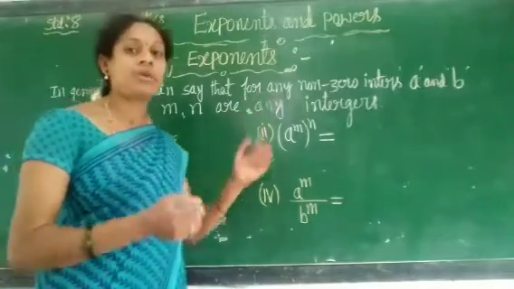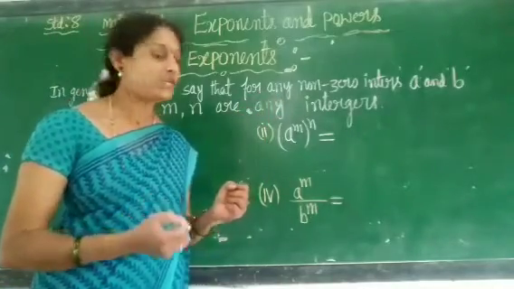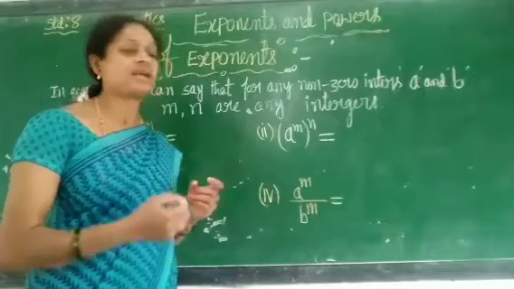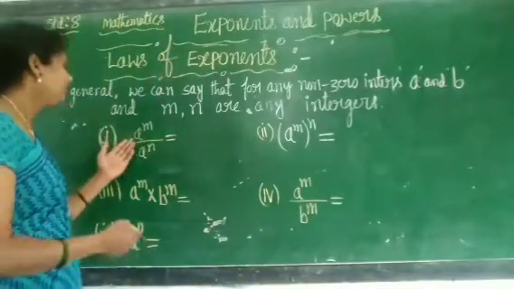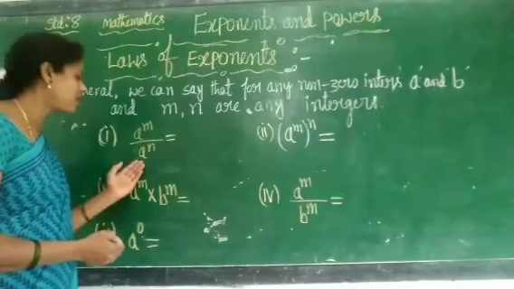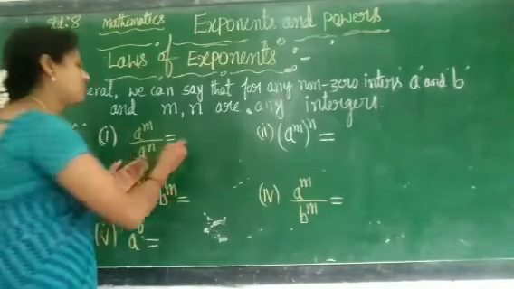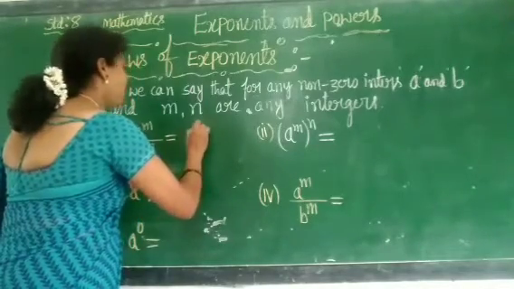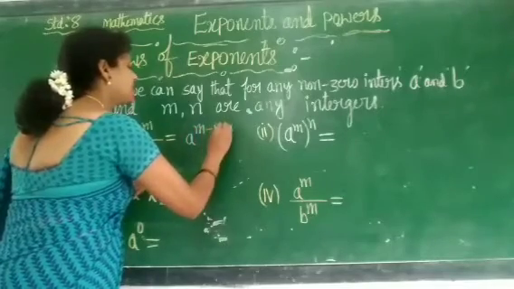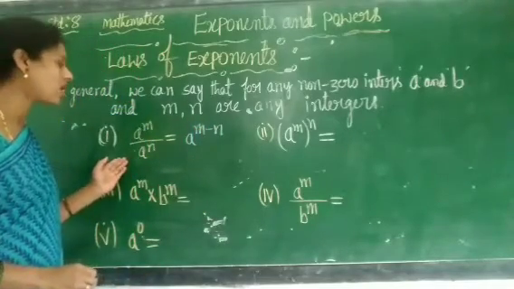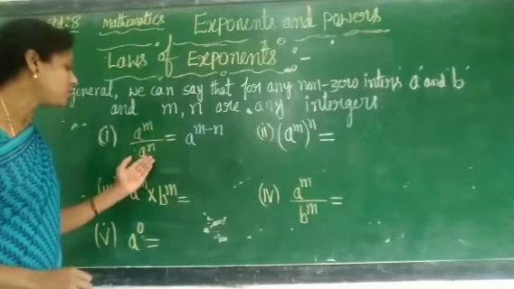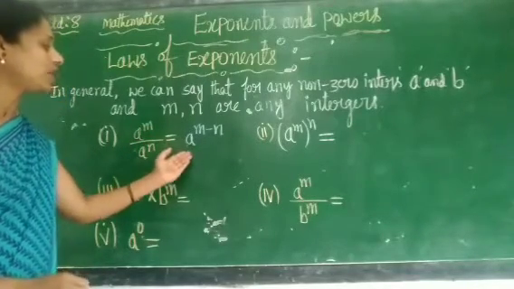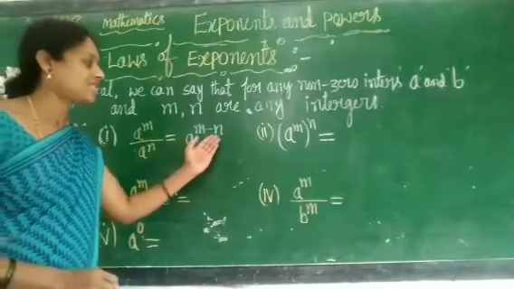The first law: a to the power m divided by a to the power n is equal to a to the power m minus n.